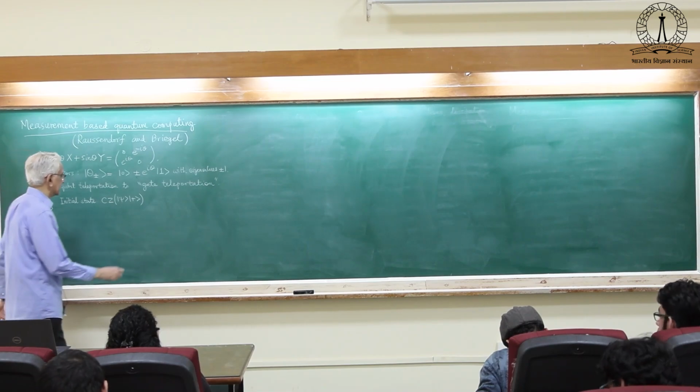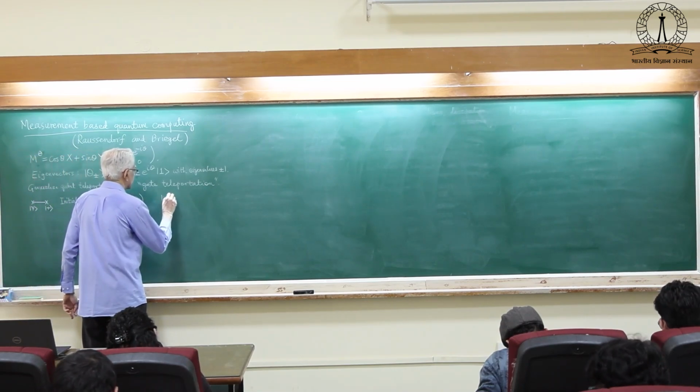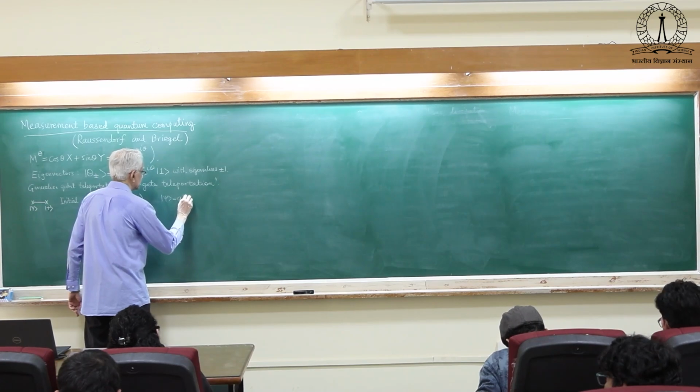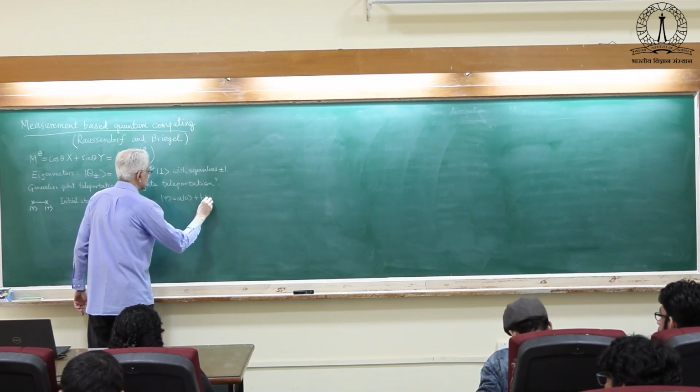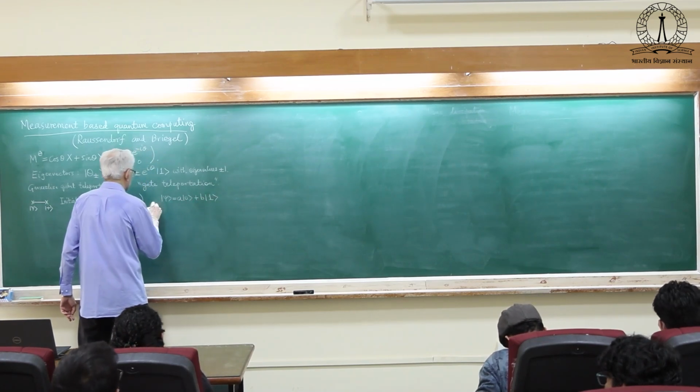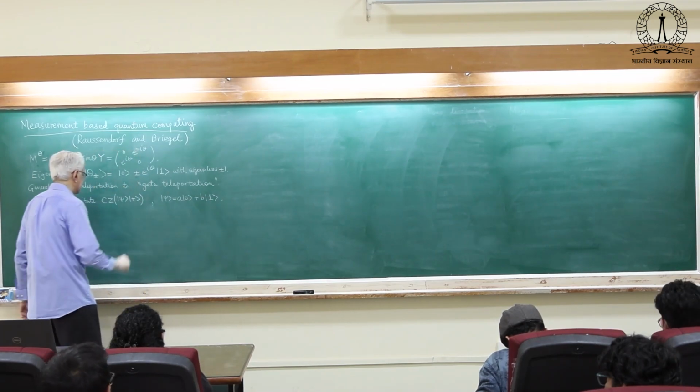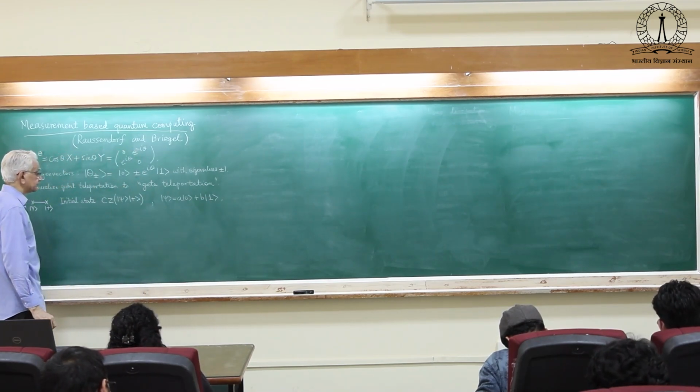So that is the initial state. That's what we used, and I wrote down some generic description that psi is equal to A times 0 plus B times 1. Okay. Fine, I will stick with that.